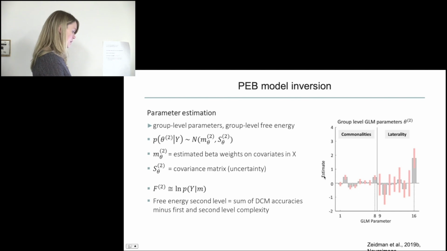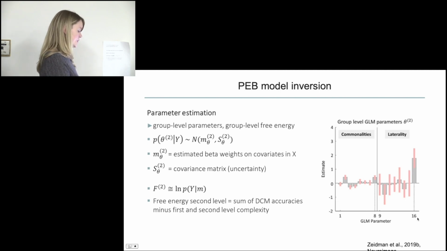And this is a typical output for second level parameters. So in the first 9, they only took in 9 parameters from the model. And these are all the effect of the first column of the design matrix on their parameters and the second column of the design matrix on their parameters. These are beta weights, so interpretation is just like an effect size in this case.